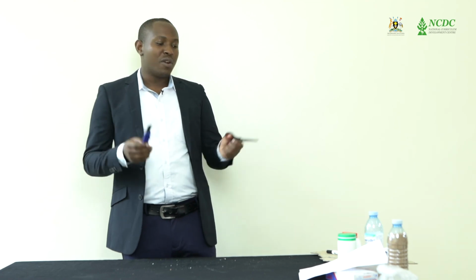So you need to take care of them seriously. Then secondly, we have learners with low vision. They will need to put these materials near their eyes so that they can see them clearly, and as I have told you, some of the materials do cut.